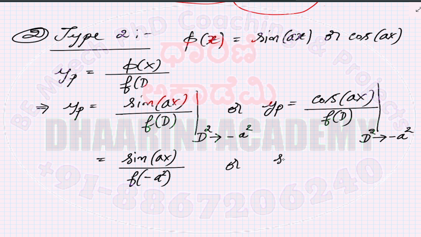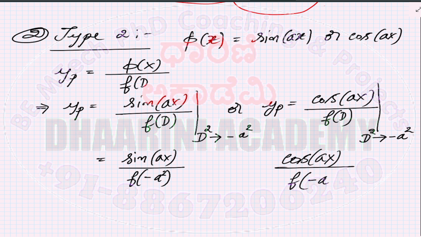So this is equal to cos of ax divided by f of minus a square. Now I have a condition: when I substitute minus a square, the denominator should not be equal to 0.